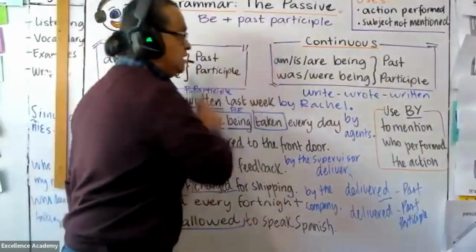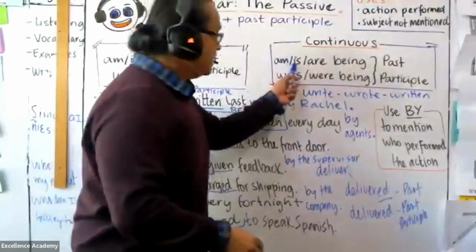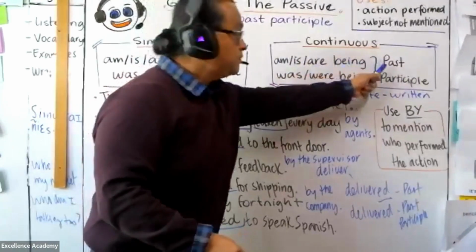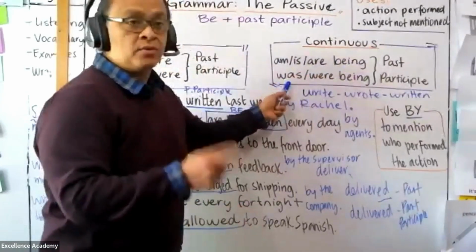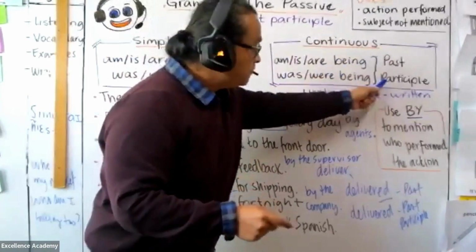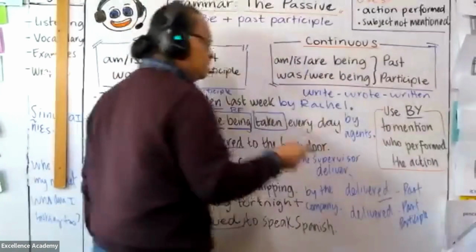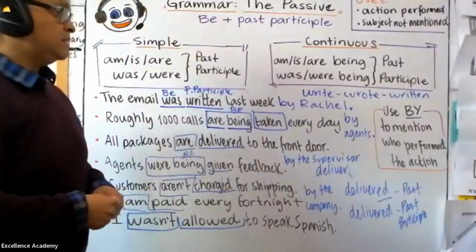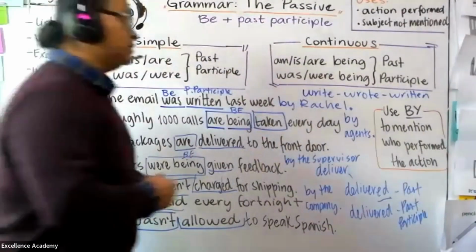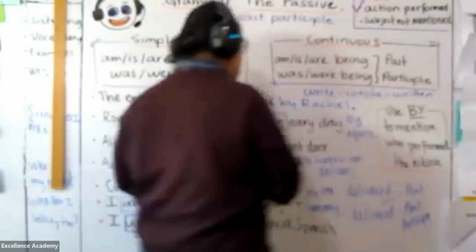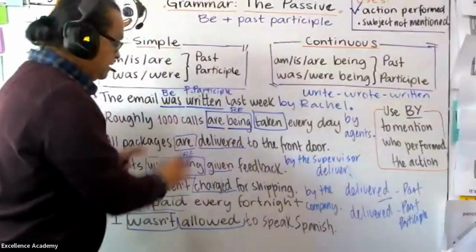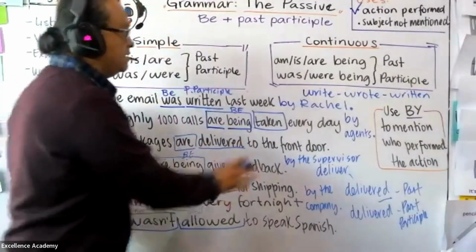In the continuous form, we're going to have am, is, are, plus being, plus the past participle. In the past tense, was, were, plus being, plus the past participle. So the only key is this, don't forget to use the being in order to avoid mistakes, okay? So remember, the uses are, we're focusing on the action performed: are taken, are delivered, were being given, right?